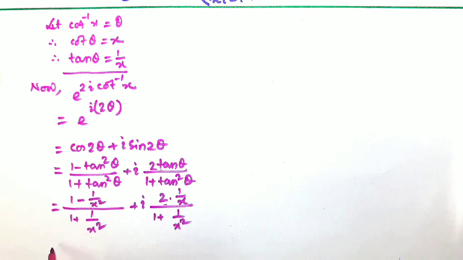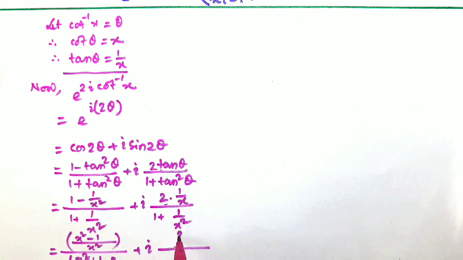Okay. So friends, we here do the LCM. This one is x square. So x square minus 1 divided by x square plus 1 upon x square plus i into 2 upon x divided by x square plus 1 divided by x square.